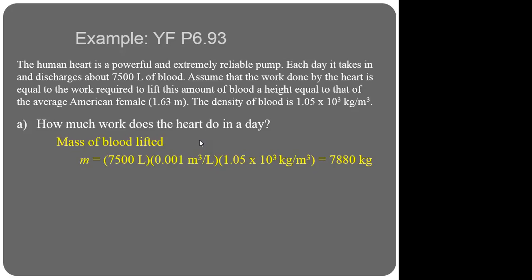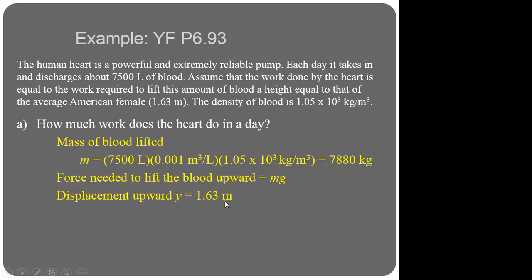You convert the liters to meter cube. Liters is a measurement of volume, very useful for your water bottle, 1 liter. But you need to learn how to change it to meter cube. Meter cube times density gives you the mass. So it's not that bad.